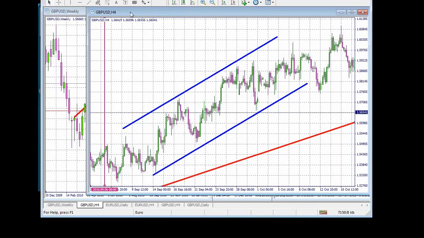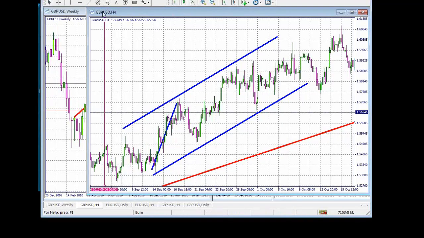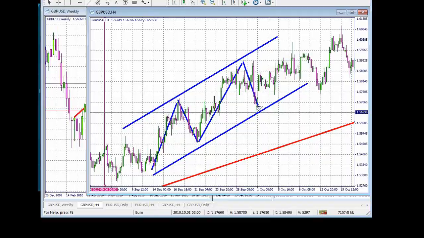Actually, on 4-hour time frames, the political influence is not so strong. The periods are shorter. Let me draw the waves first. So we have one wave, we have the second, the third wave. This one can be considered the fourth and the fifth.